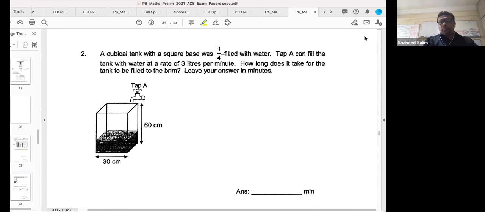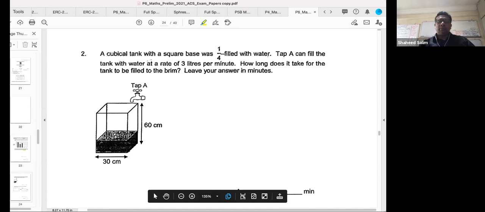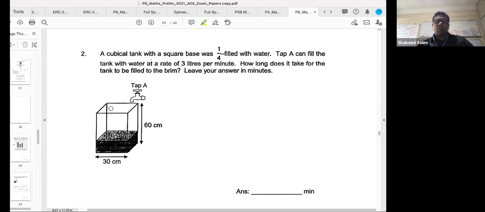Akil, maybe you made a slight error. Akil at first got some water already, you know. It's not empty. You want to fill up another 3/4. You don't include the first quarter. I think you made a mistake. Davish, maybe you found quarter.